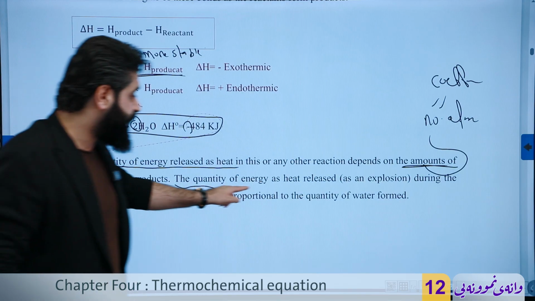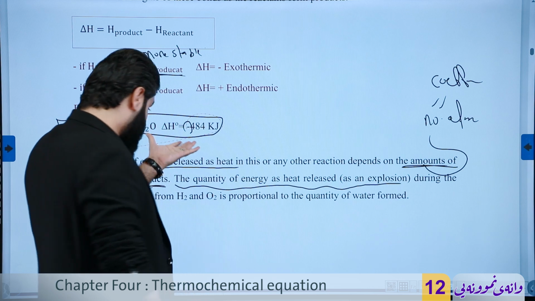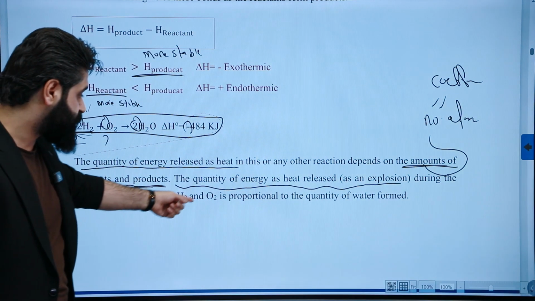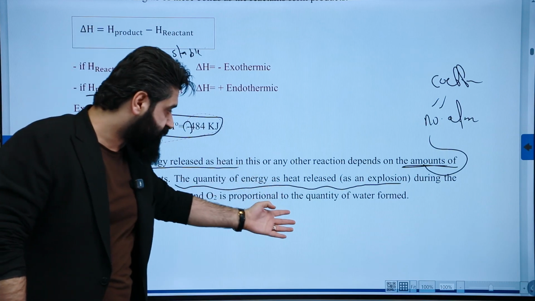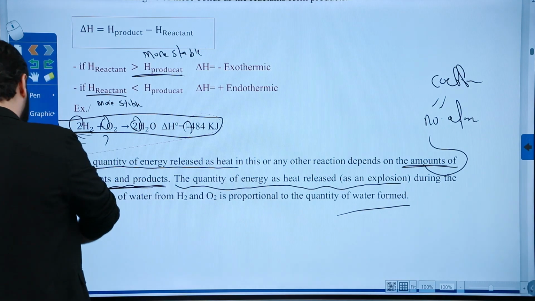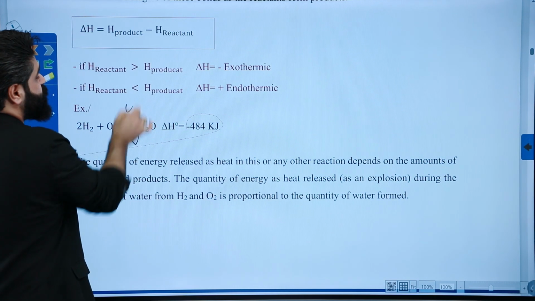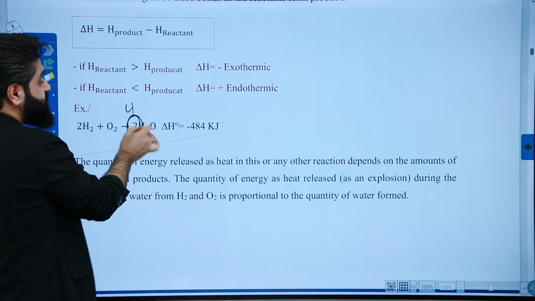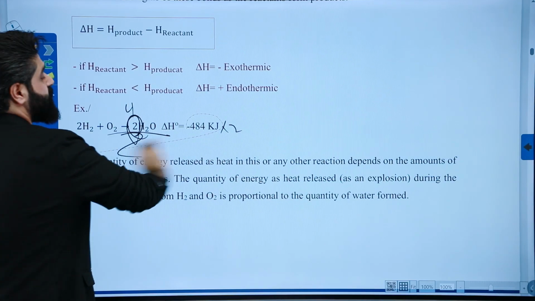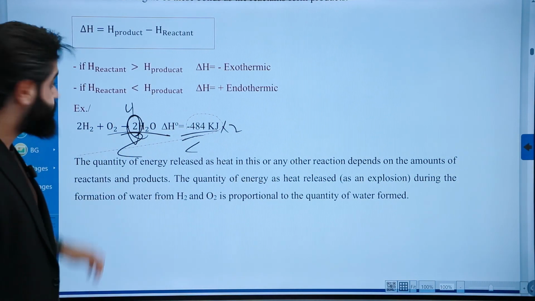The quantity of energy released as heat as an explosion during the formation of water from H2 and O2 is proportional to the quantity of water formed. It means if I change this coefficient to 4, if I multiply this by 2, this one must be multiplied by 2. If I divide this by 2, this must be divided by 2 also.